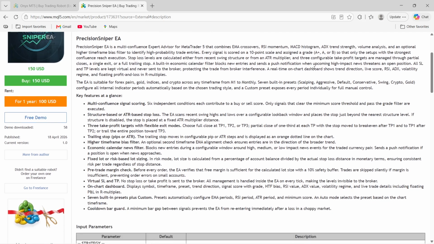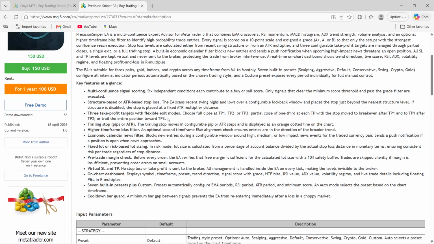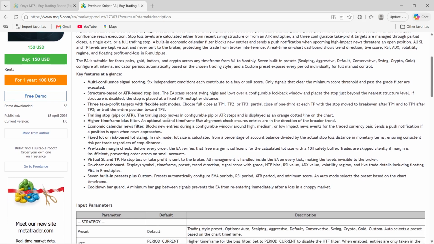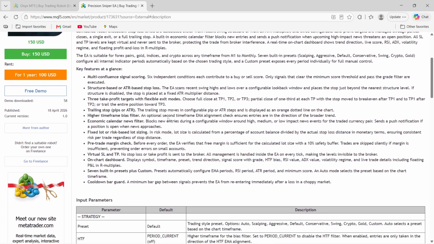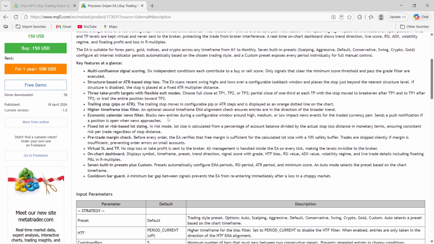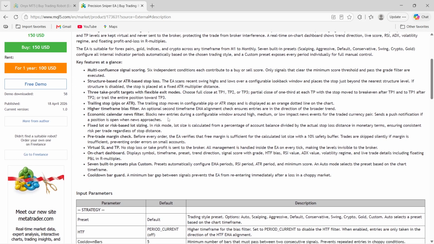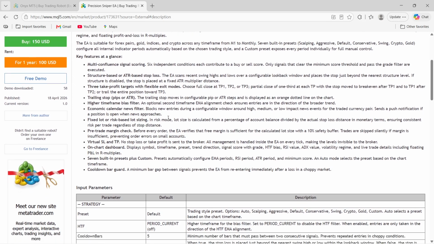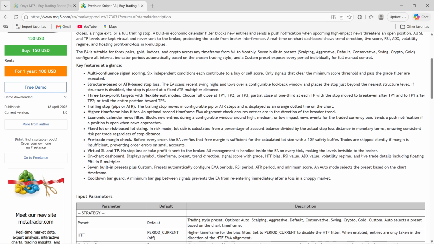It also has a real time on chart dashboard which shows trend direction, live score, RSI, ADX, volatility regime, and floating profit and loss in R multiples. The EA includes trade management, tight stops based on recent structure, and adaptive management for runners. It is optimized for specific pairs and timeframes where clean setups are more common.